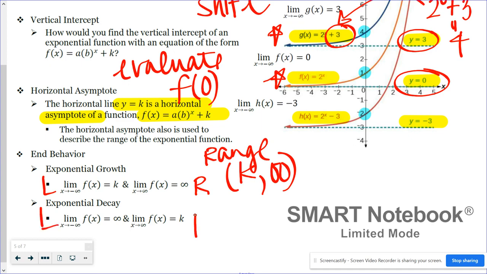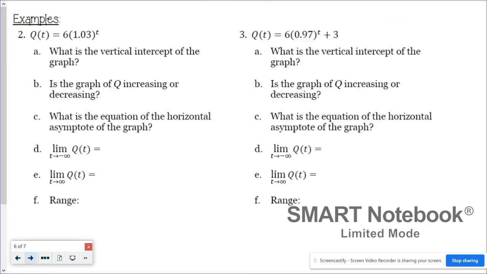And on the right, it approaches that k value, right? And you'll notice all of our functions in the graph on the right are exponential growth, like the function h of x. On the left it is going towards negative 3, and on the right, it's going up to infinity. So you can give yourself a visual to help you with that, right?